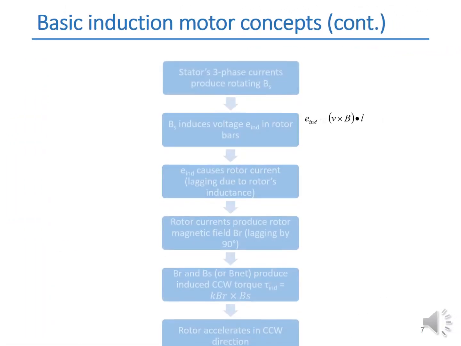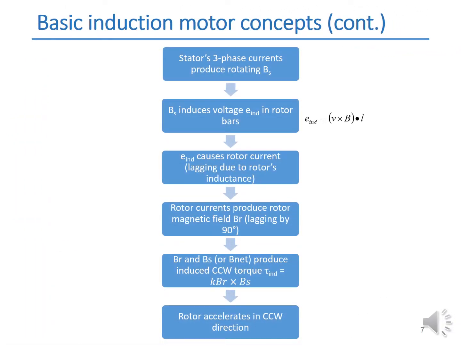Okay, and this slide summarizes the operation of this motor. First of all, we've got the three-phase currents in the stator, and this will produce a rotating magnetic field Bs. The stator magnetic field will then induce voltage across the rotor bars, and then current will flow in the rotor windings.